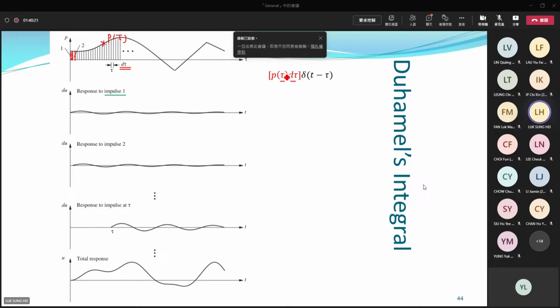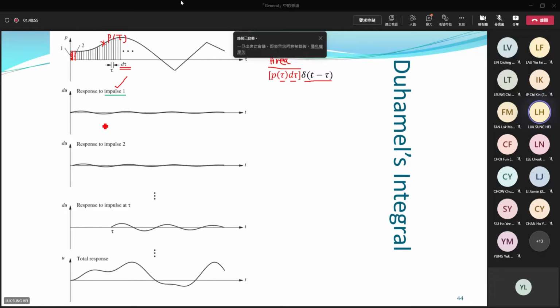So p times d tau gives you the area of that strip, times a delta function. Delta function is a unit impulse force. So this shows you the force function for strip 1 or strip 2 or strip 3, depends on which time instant you're considering. For impulse 1, according to the previous page, we know the response, free vibration.